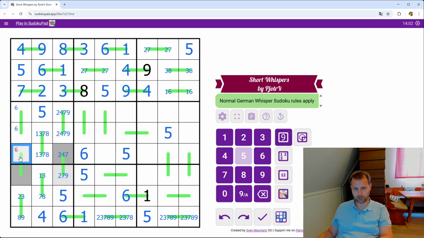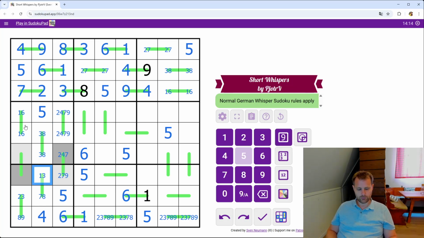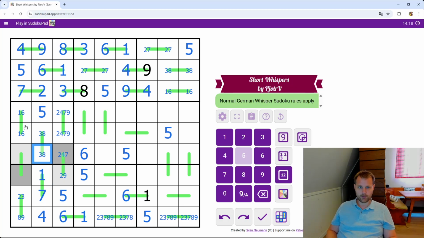So we know now this is not a 6, so this is a 1, 6 pair, so that means this is not a 1, so this is a 3 with a 7, so this is a 1 and a 7, and this is from, what is it, 2, 4, 7, 9, only not 4 and 7, it's 2 or 9. And this is then 2, 3, 8, 9.